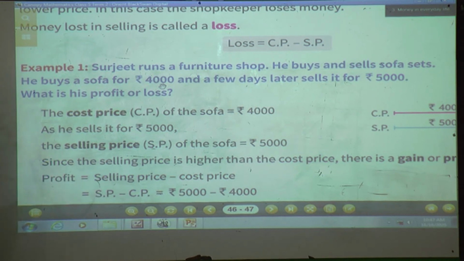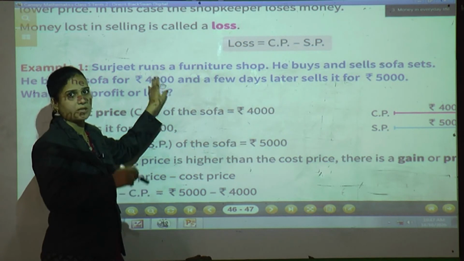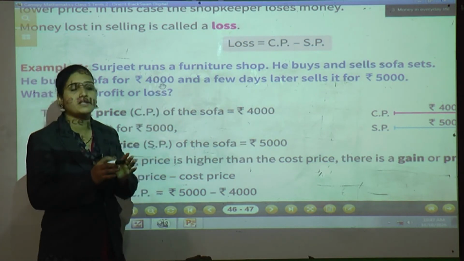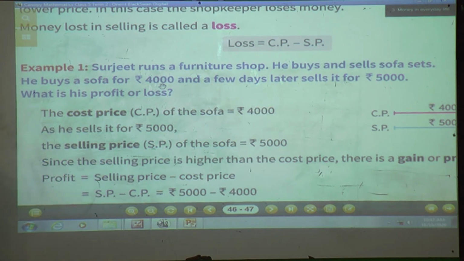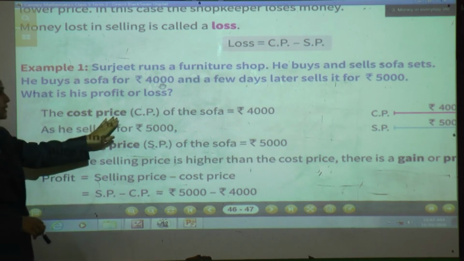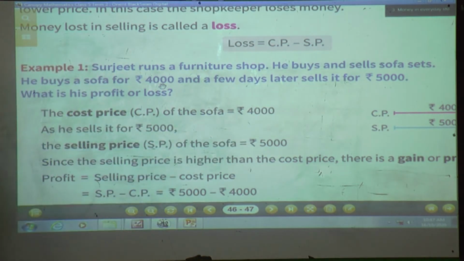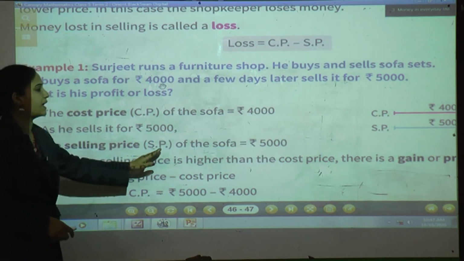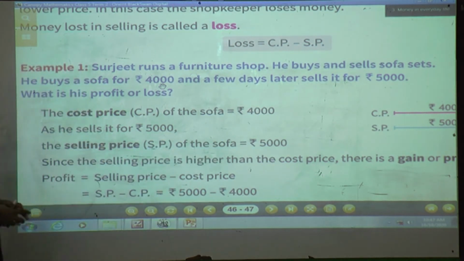You can see that he buys the sofa for 4,000 and sells it for 5,000. That means he has a profit. So how will we write here? The cost price CP of the sofa is equal to 4,000. As he sells it for 5,000, the selling price SP of the sofa is equal to rupees 5,000.